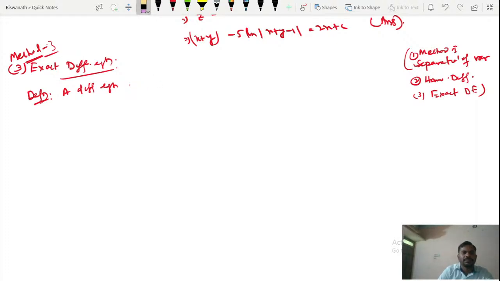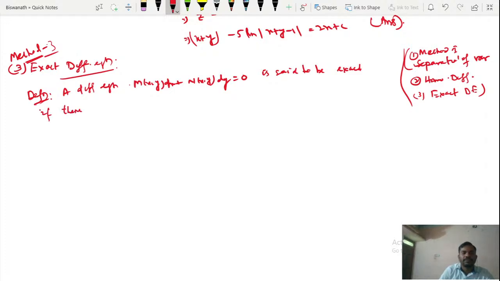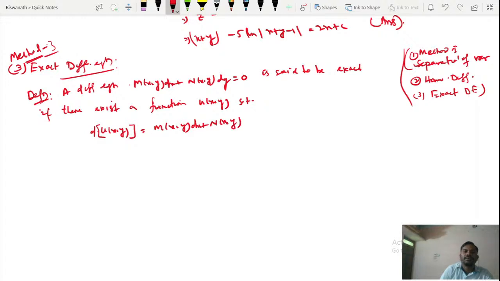A differential equation M of xy dx plus N of xy dy equal to 0 is said to be exact if there exists a function u of xy such that d of u of xy is M of xy dx plus N of xy dy.